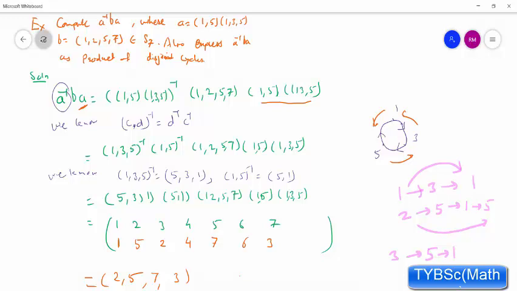Again try to search 1, here 1 is also there, the image of 1 is 2. And try to search 2, 2 is not there here, also not there. So lastly the image of 3 is 2, so 3 goes to 2. Similarly here 4 is not present, meaning the image of 4 is 4. 6 also not present, the image of 6 is 6.